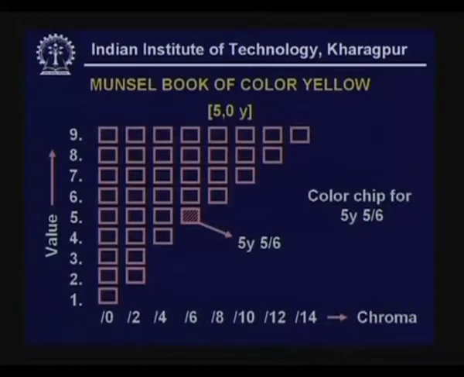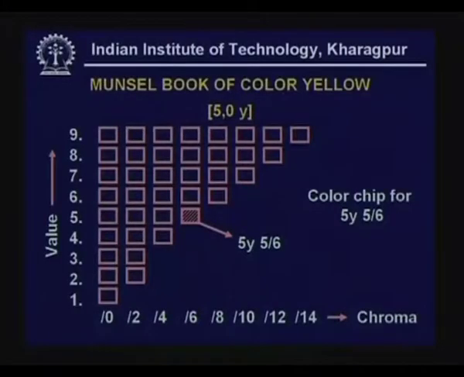This is what we call a book of color. This is for yellow, and you can see on the horizontal axis we have chroma marked in terms of /0, /2. We said the saturation goes on in steps from 0 to 14.